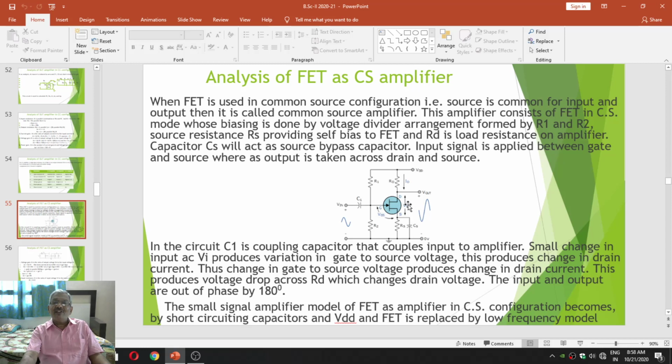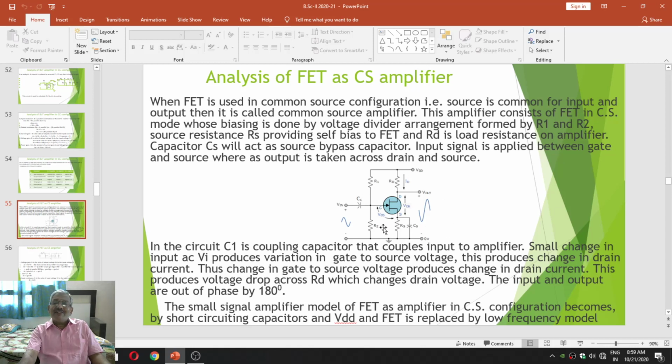It is an N-channel FET in which the source is grounded, and the input supply is connected between gate and source, whereas output is obtained across drain and the source, that is ground. That is the reason why we say FET is used in common source, and as it amplifies the input signal, it is called a common source amplifier.